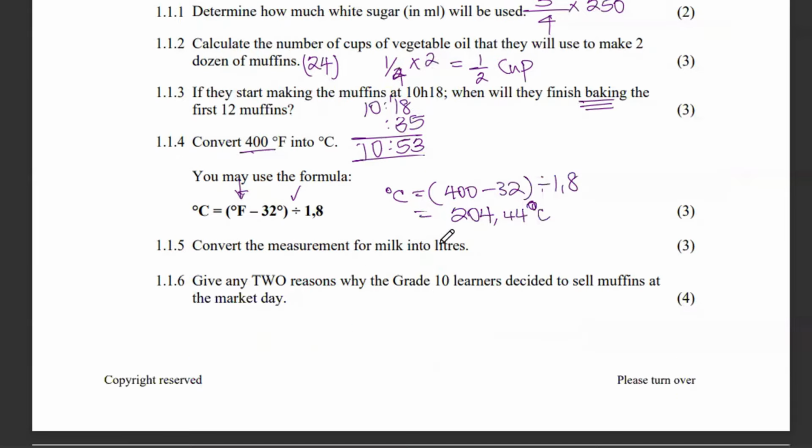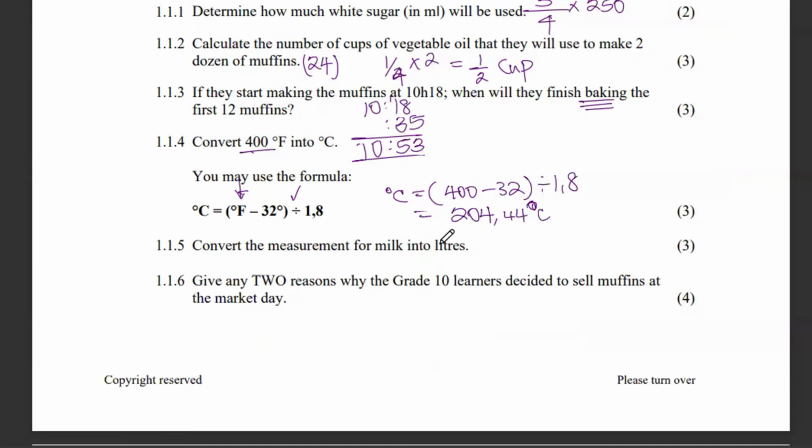And the answer became 0.25 liters. It's given in cups, so we take the 250, we divide it by 1,000, and we end up having our answer as this much.